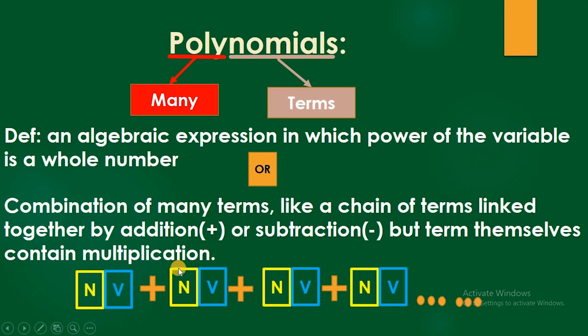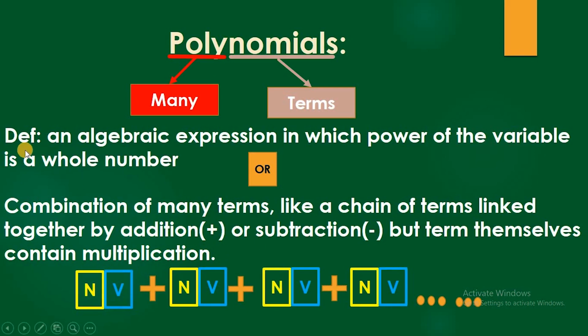So here we have 1, 2, 3, 4, and it can go on to infinity. So many terms, more than 2 are many. Therefore many terms are combined by addition or subtraction. Here we have addition, and we can even add subtraction in between them. So that's what we call a polynomial.